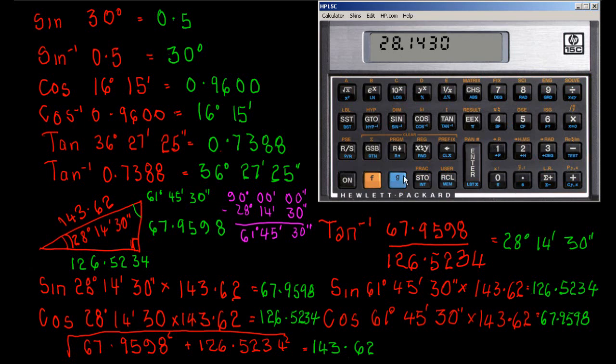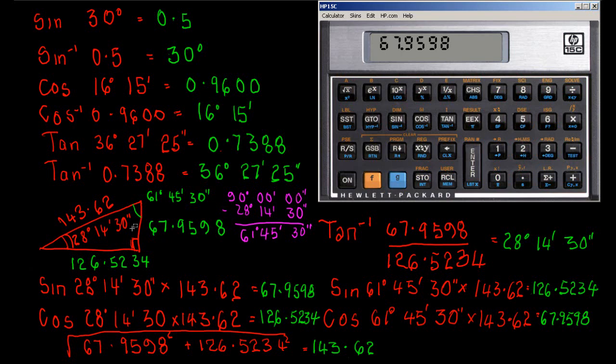So we need to get that into decimals of an hour, and then we're going to take the sine of that. Now this calculator is in reverse Polish notation, so that can be entered into one of the registers, and then we can just put in 143.62 and times, 67.9598.